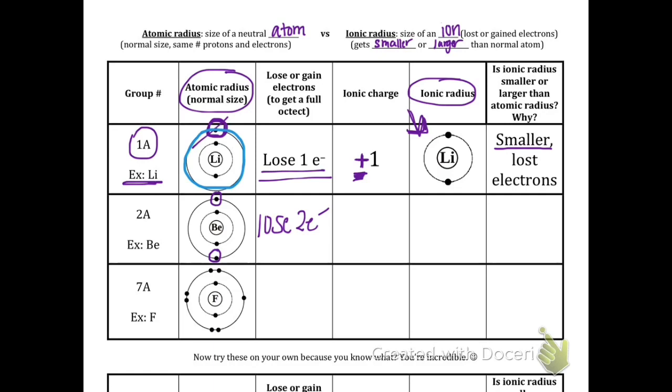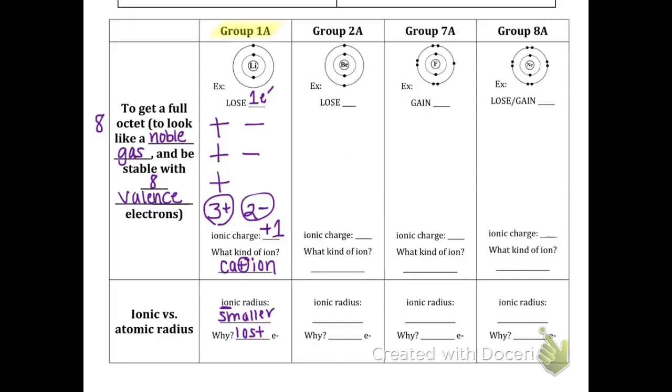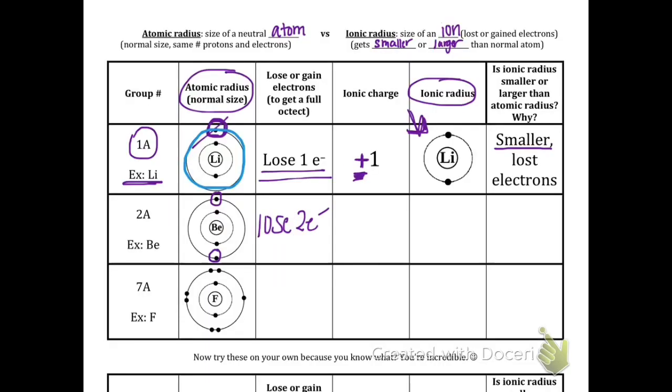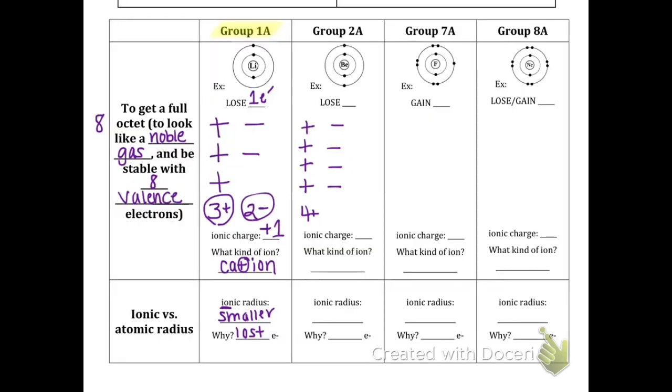Now, if we lose 2 electrons, let's think about what happens. So let's do a count here. You have 1, 2, 3, 4 protons normally. So 4 pluses. And normally 1, 2, 3, 4 minuses. Now, how many electrons are we going to lose in order for our beryllium to look like a noble gas? We said we're going to lose 2. So going back here, I'm going to erase this electron and this electron.